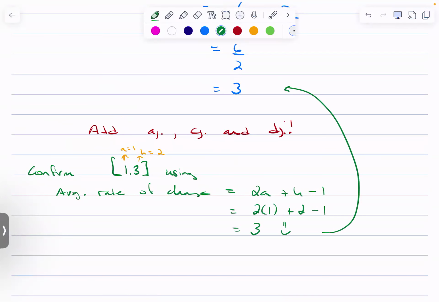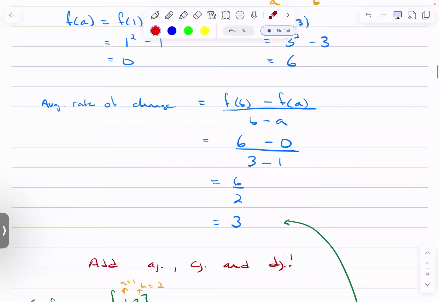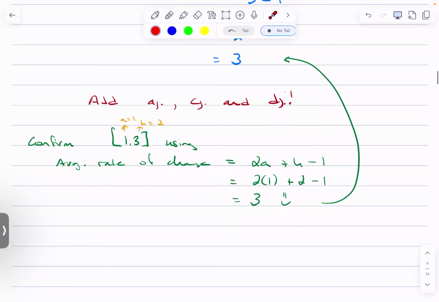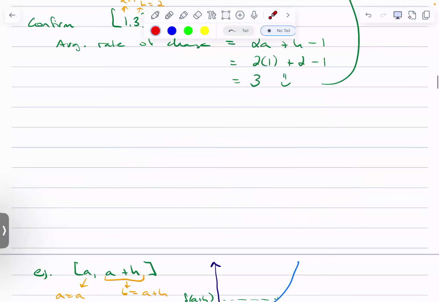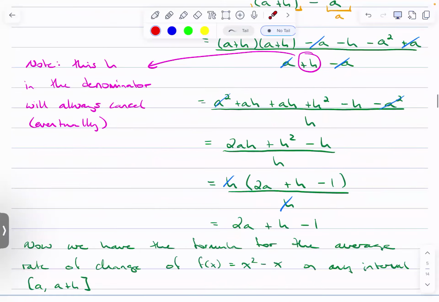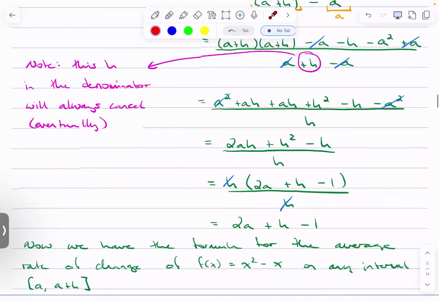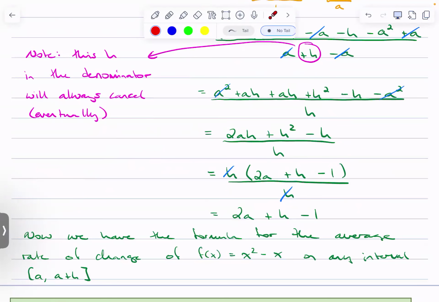But if we're doing a lot of these average rates of change, then finding the generic formula for it is going to be a lot quicker than doing them all individually. So that's kind of cool. Any questions about that?